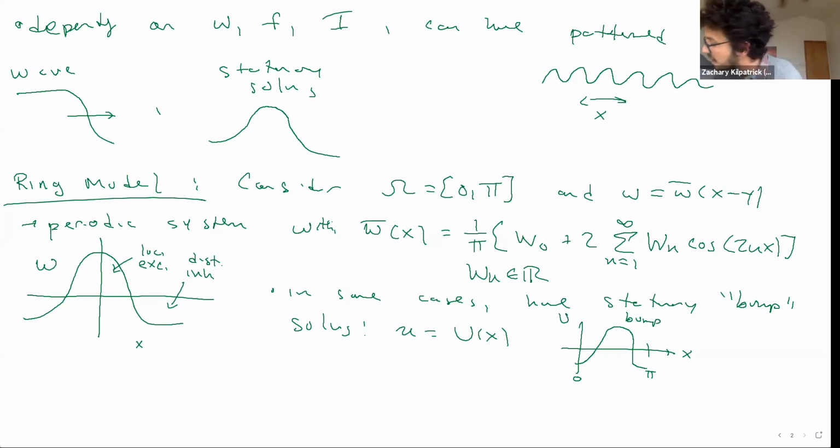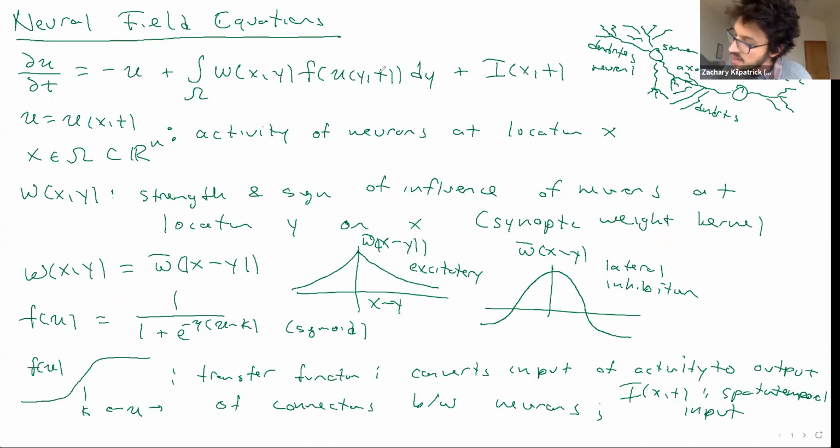If we look back at our equations here, if U is not a function of t, then this is the only part that matters. And if we assume that we also have no input at all, then essentially we just have these two terms here, which we can write out as a stationary equation.